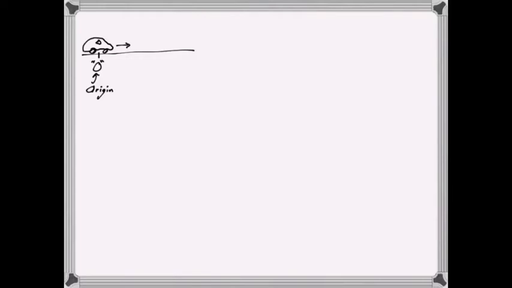Now some time later, the car appears at a further position. This new position we'll call position 1, but I don't want to confuse that. That's not 1 meter, that's just position 1.